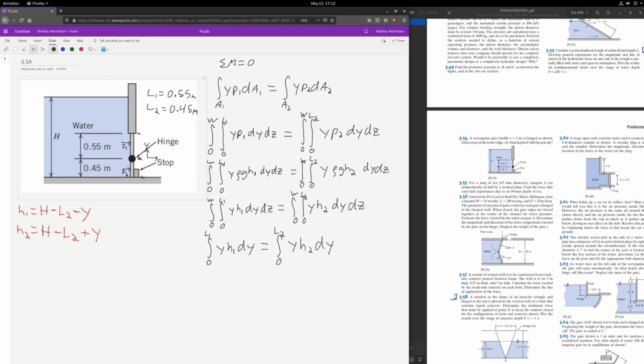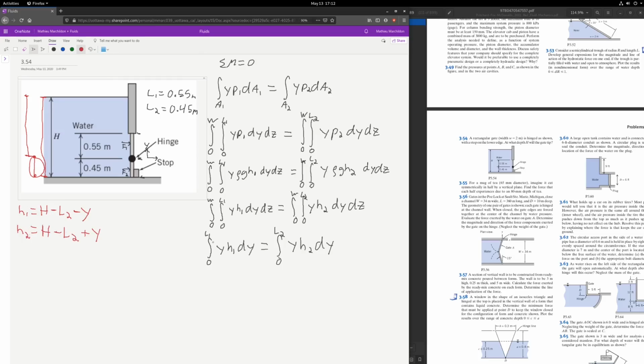If y is equal to 0, we get the height h minus L2, which is this height right here. Now, as y increases and moves towards L2, we get our final value, y is equal to L2, which means that the smaller h2 becomes h minus L2 plus L2, which means it becomes h. So with this integral, we're starting here at 0, and then we're moving our way down here.